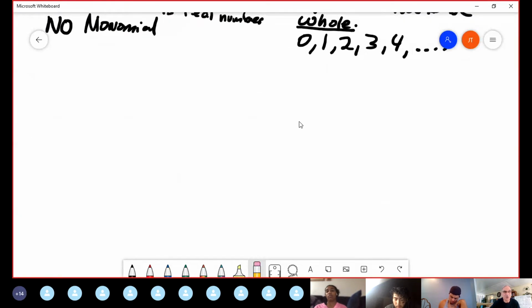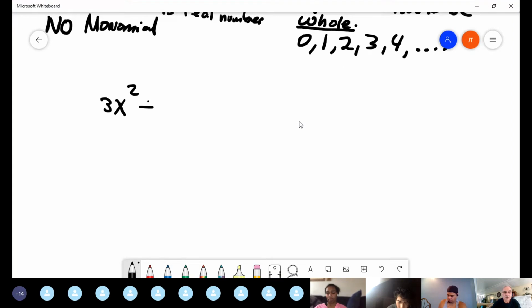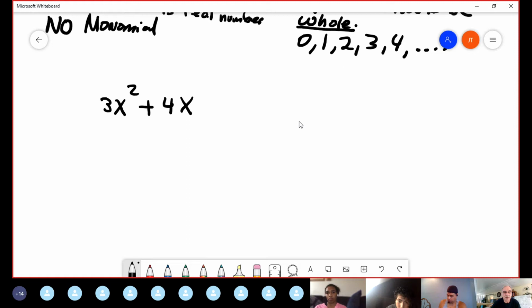Suppose this expression: 3x to the second power plus 4x plus 6. It's a polynomial, right? It's a collection of monomials: monomial 1, monomial 2, monomial 3.